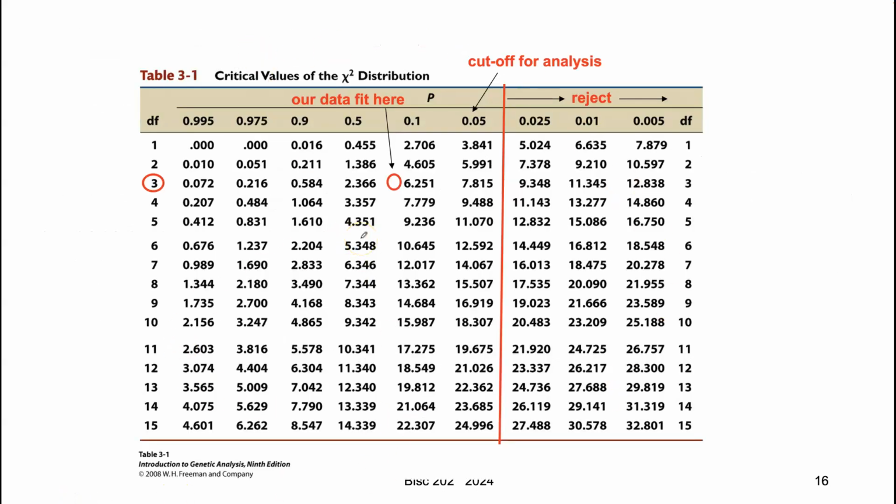Some other mathematicians have gone to all the trouble of calculating, in a case with 3 degrees of freedom, with a case of 5, all the different probabilities of just numbers varying at random. And so the number that we calculated was 5.2, and it fits here on the table with the degrees of freedom as 3. Now the cutoff for analysis is 0.05.